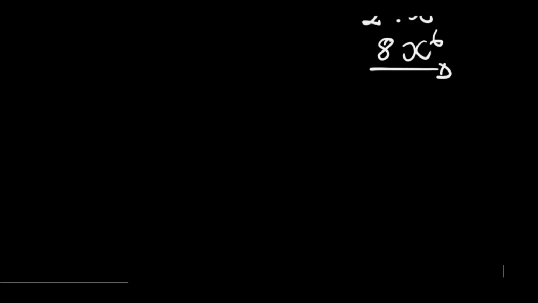Let's try out another law. Say we are having, I think it's the fourth one now, if I'm not mistaken, (ab) all to the power of m, right? All to the power of m.